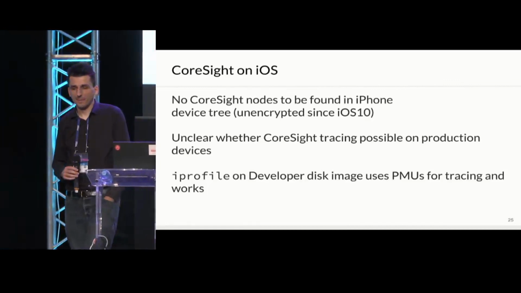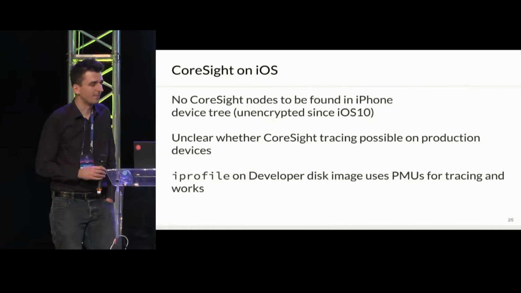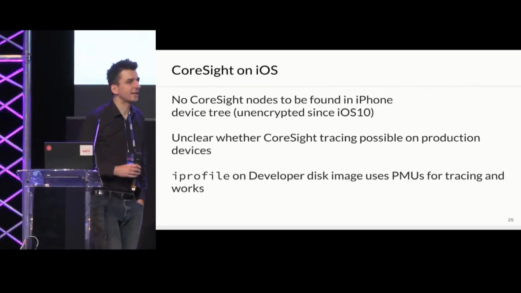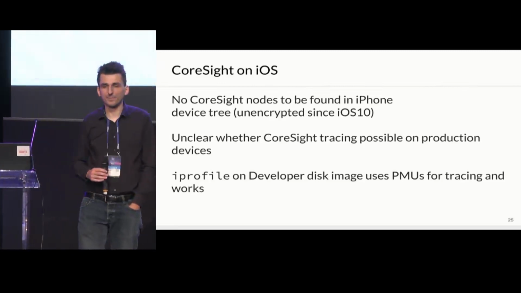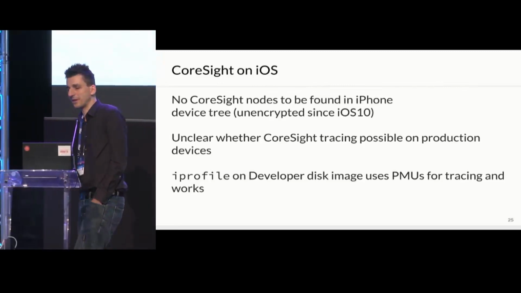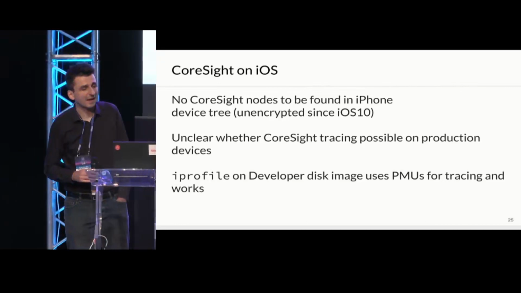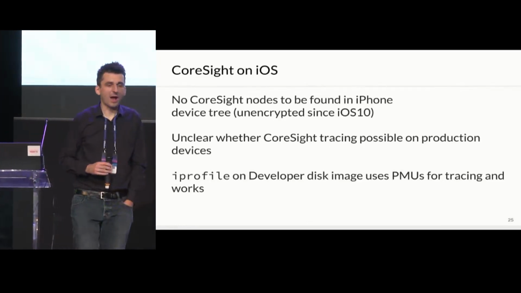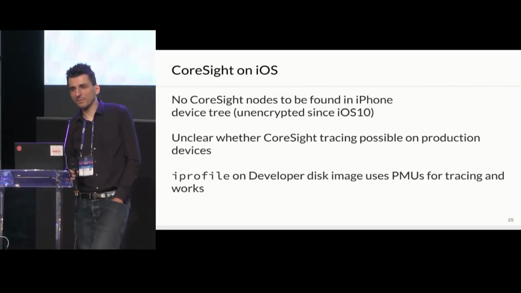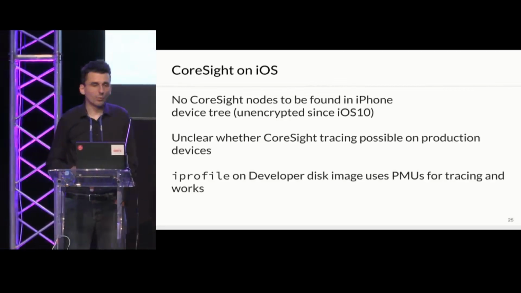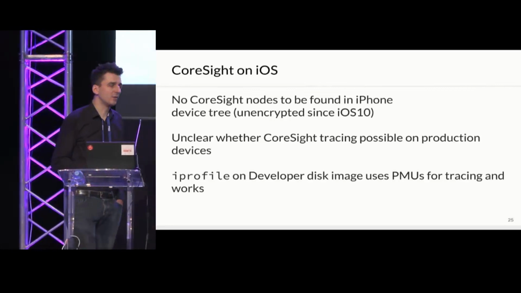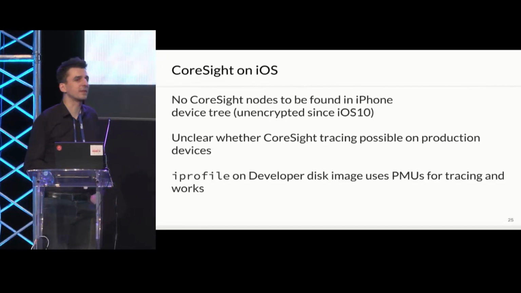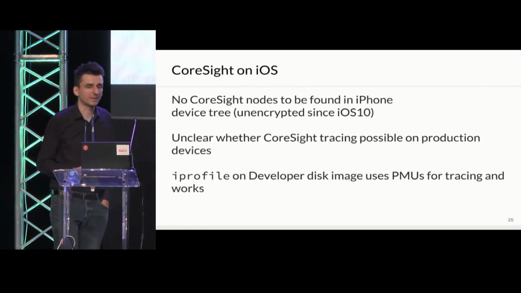Since iOS 10, the device trees are no longer encrypted, and there are no indications of the components that they're trying to look up in the device trees that I have. So I suspect they exist in development devices. Whether you can use knowledge of these address ranges to get the same thing on production devices is not clear to me at the moment.